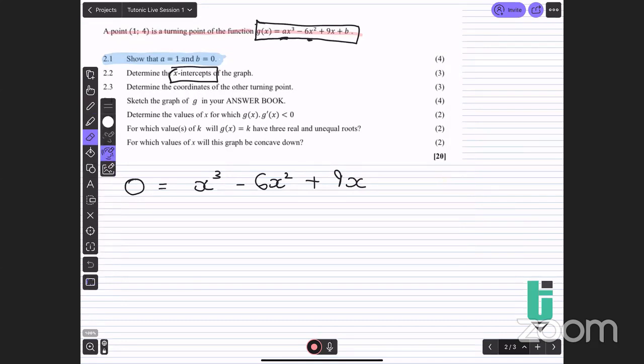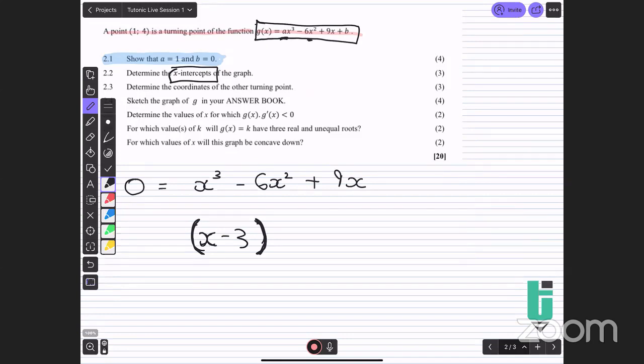Because if we're factorizing, then it becomes x minus 3. What happens if we sub in 3 into this bracket? You get 0. So x minus 3 is the factor, but if I sub in 3, that is the root that gives me 0.